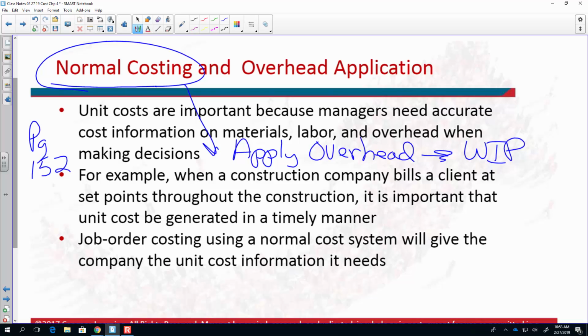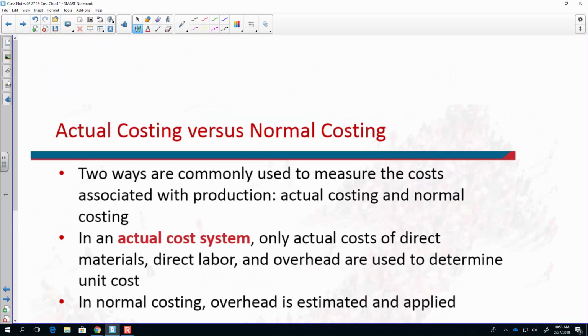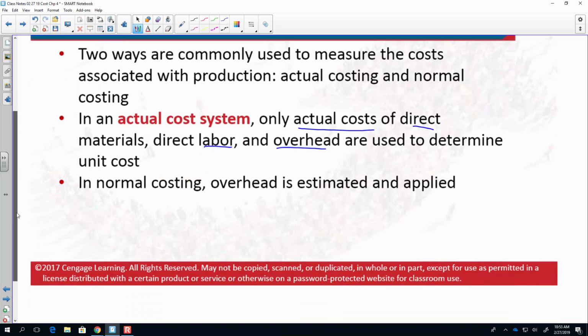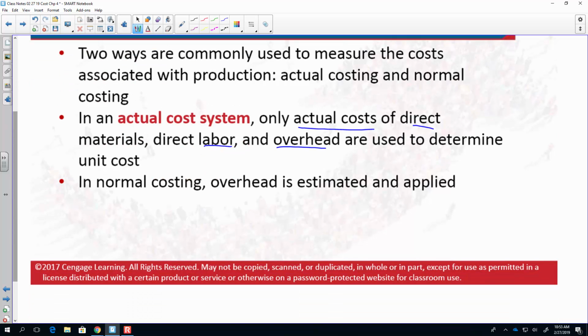The author calls this normal costing, and it's the opposite of actual costing. So actual costing is the actual cost of direct materials, labor, and overhead. And normal costing replaces this actual overhead with an estimated overhead.